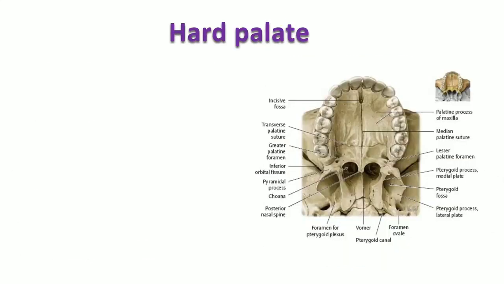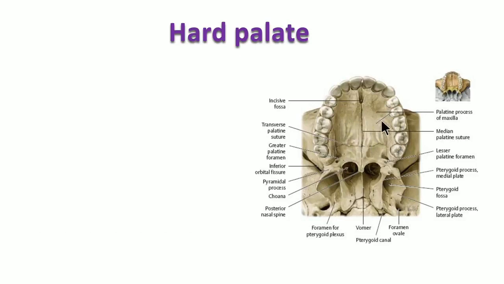Now coming to the hard palate or bony palate, which you are able to see here, you mainly come across this in the norma basalis of the skull. The hard palate is contained within the alveolar arches of the maxillary bone. It is mainly made up of two bones.